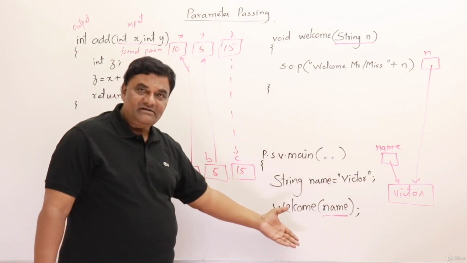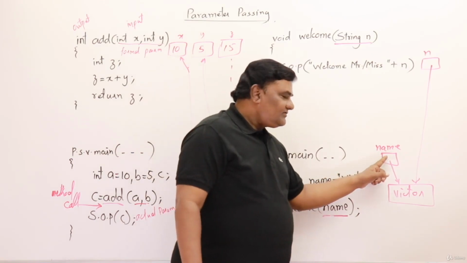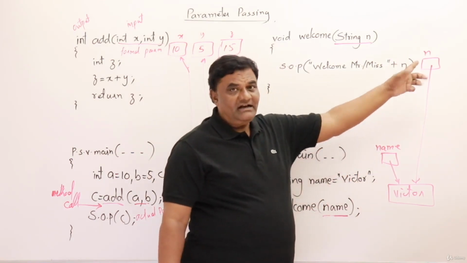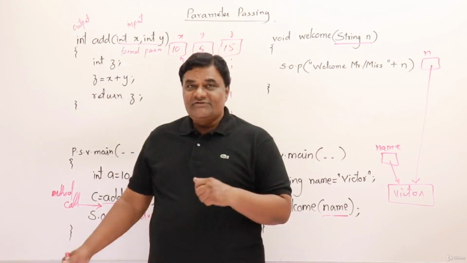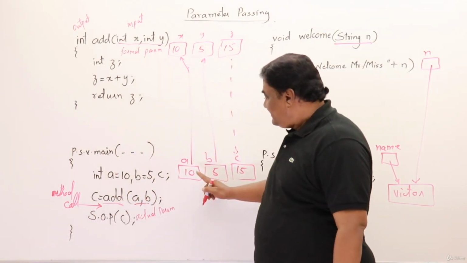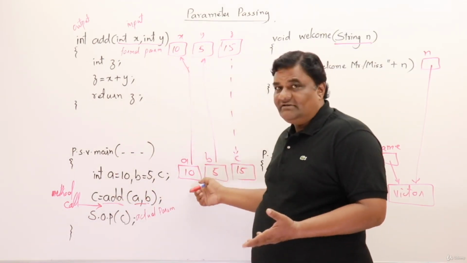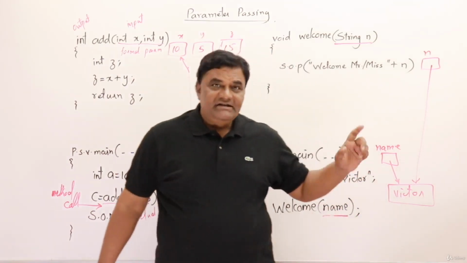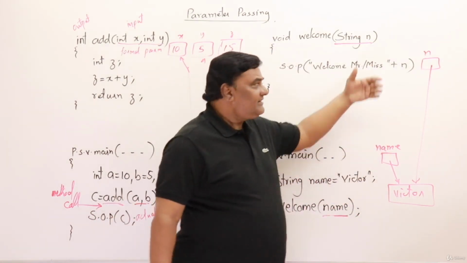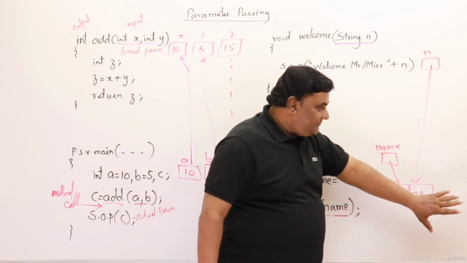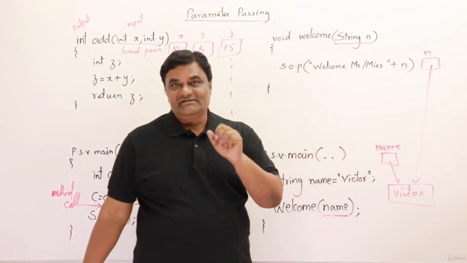It belongs to the main method. So only the contents of the reference are copied in that reference. That's all. Object is not created. If you see, the difference here is that the value was copied. So this was 10. So 10 is copied there. But here the value copied from here is nothing but an address. So the address is copied. Yes. But the object is common. Single object is there.